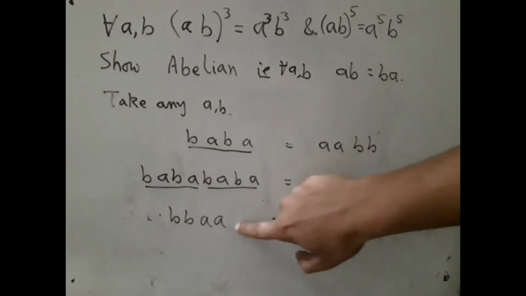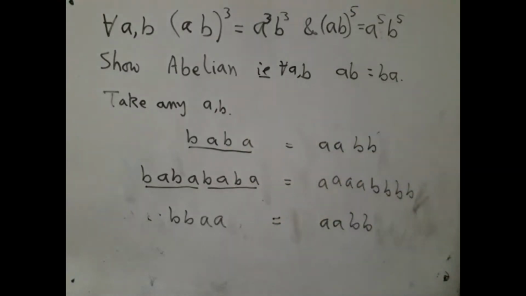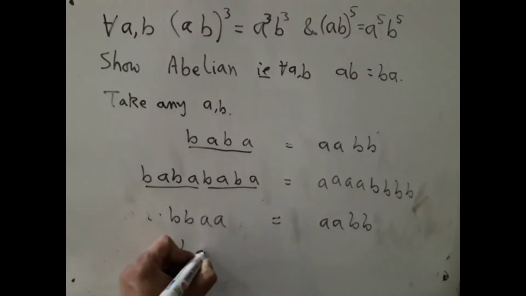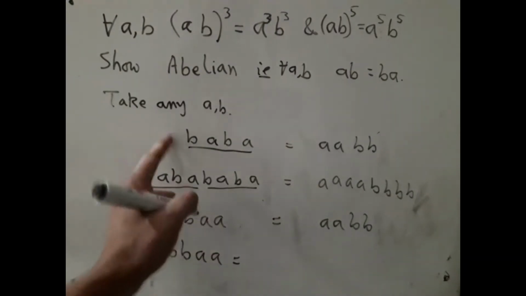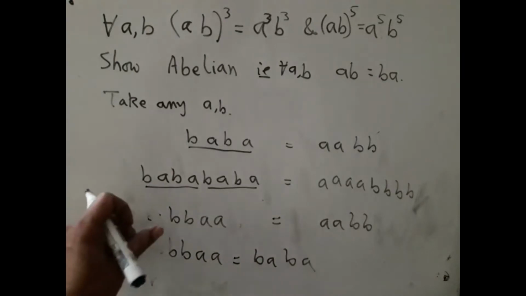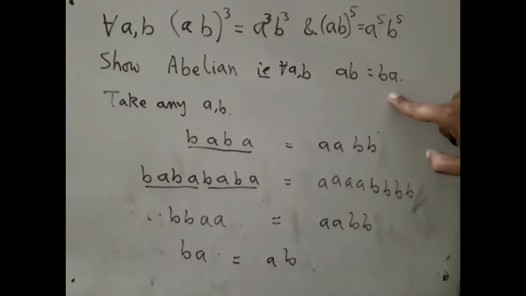So, these two things must be the same because both of them are equal to aabb. So, I am left with bbaa is equal to baba. I am again in a position to do some cancellation, cancel this b with this b, this a with this a, and I am left with what I wanted to prove, ab equal to ba.